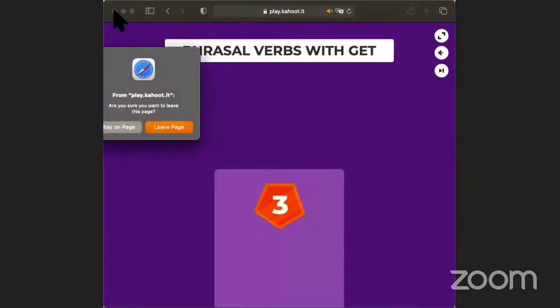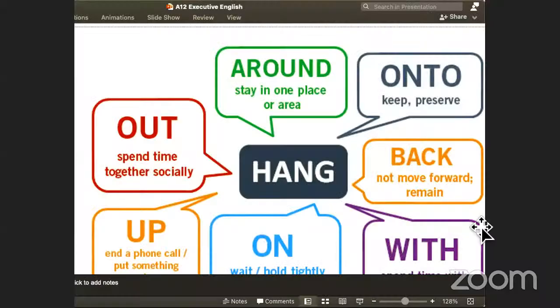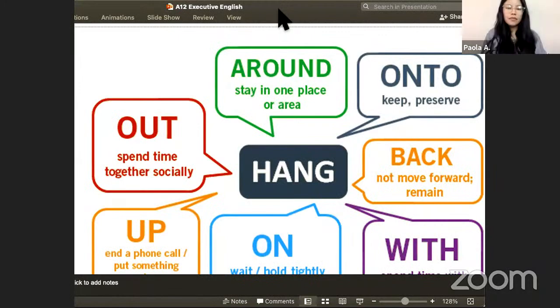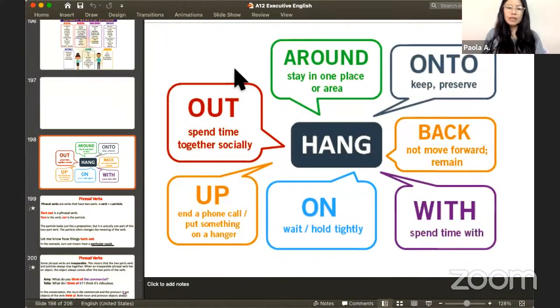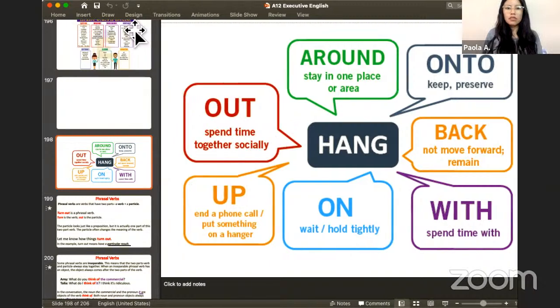Great job, Bert. Okay, so let's start with the explanation because I'm not sure how long we will have. We're going to try to practice as much as we can. We basically see that we have, for example, get, and then in the middle, or hang, or any main verb. And then we combine it with particles or prepositions.